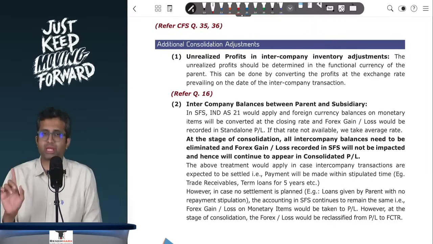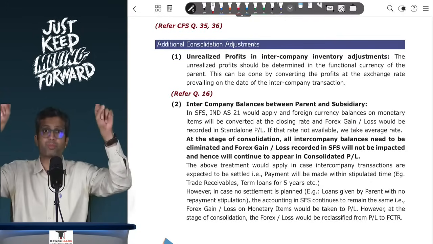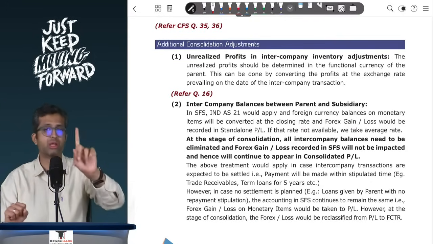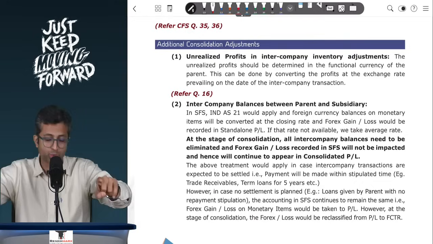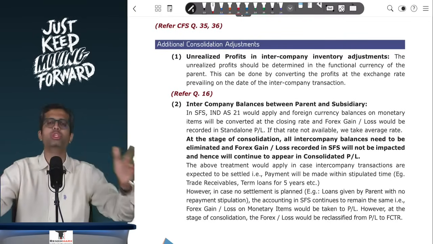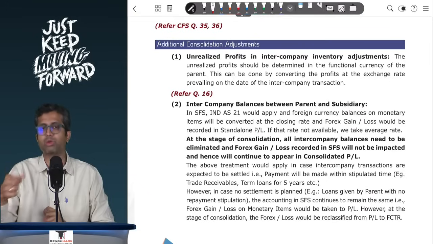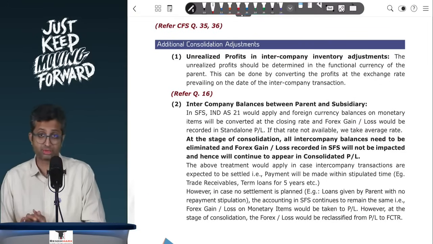Balance sheet items are as on date, but if you want to eliminate the unrealized profit, you will find the profit in dollars, for example, convert it into rupees at the rate as on the date of the transaction, not at the closing rate, and then you will use that for elimination, that is P&L account debit to, let us say, inventory, but that will be converted at the rate as on the date of the transaction.